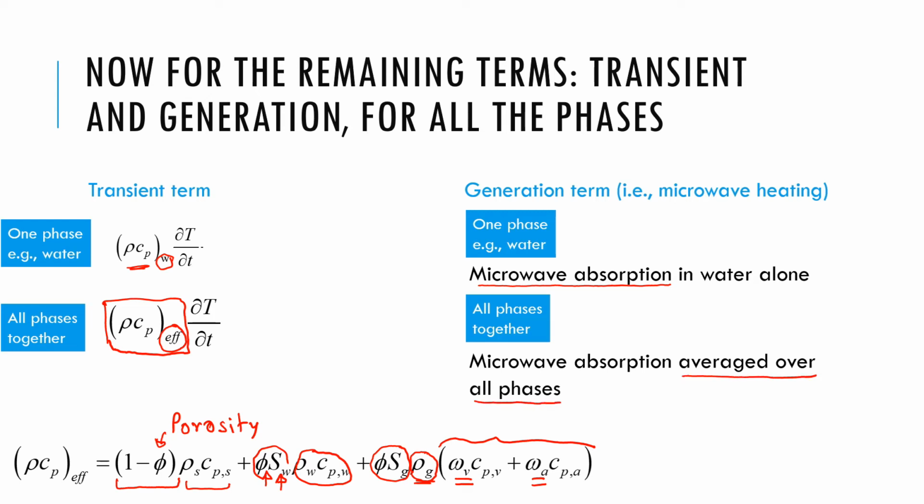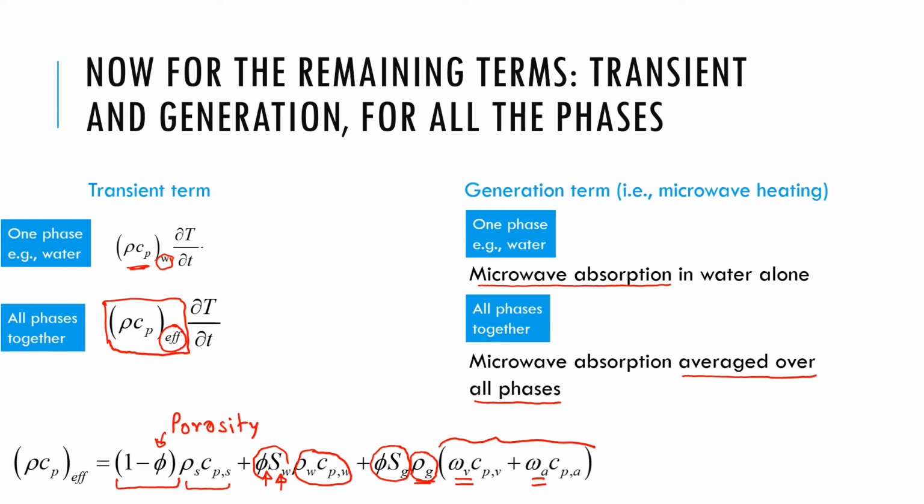So heat absorption in each one of the phases, solid and liquid, typically we ignore microwave absorption in gases, so it's solid and liquid weighted together. These are discussions that are part of a different physics.